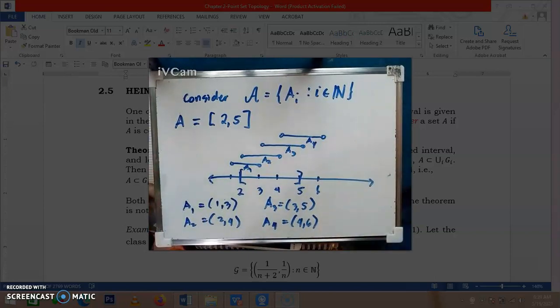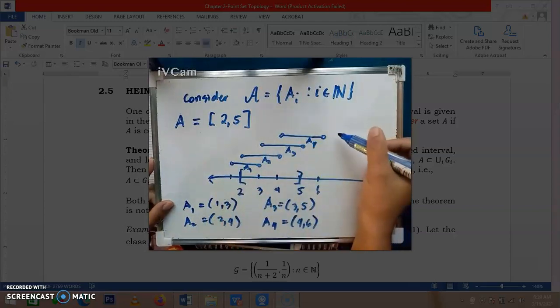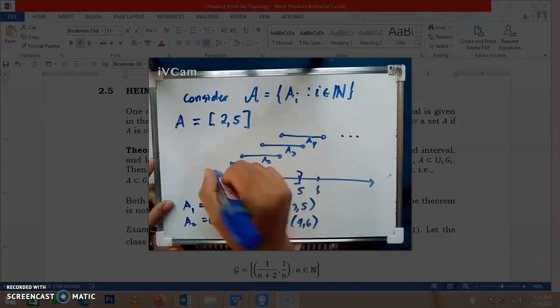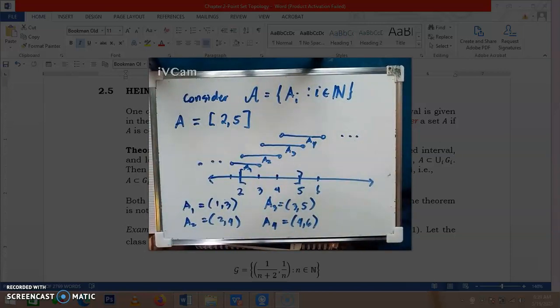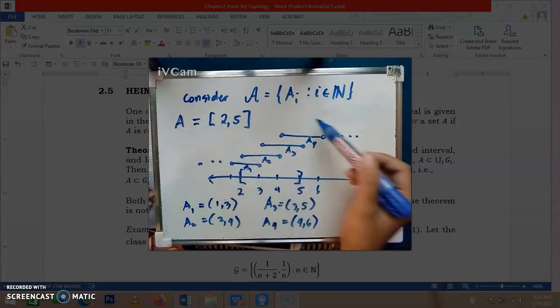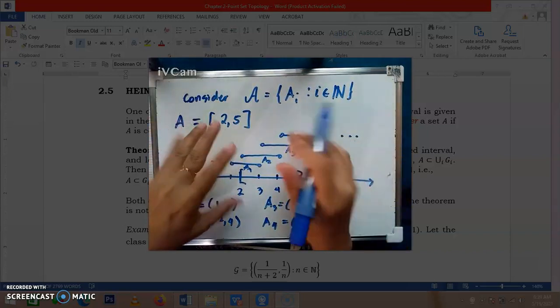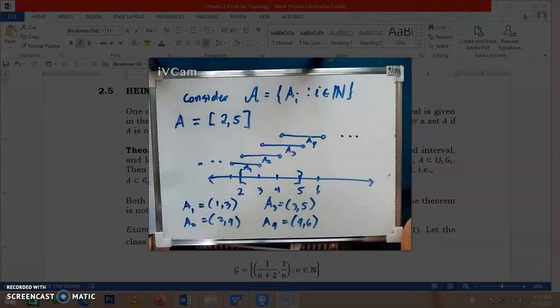Now as you can see, in this class of sets, we can get a finite subcovering. So we can therefore consider this as our finite subclass. Take note that we can have many sets here, but our goal is to get the finite subclass.